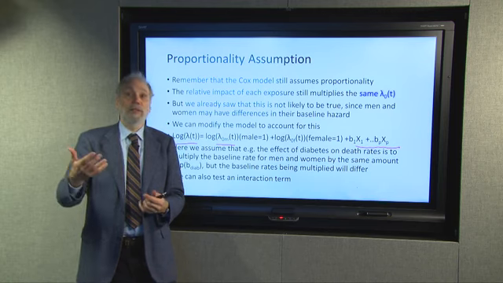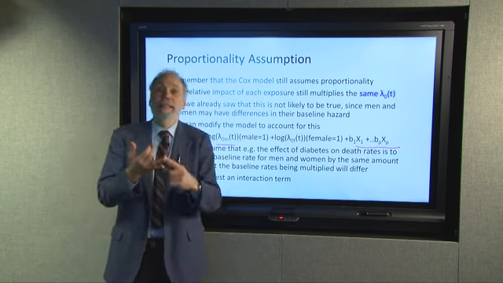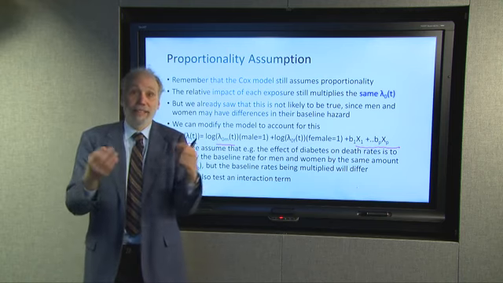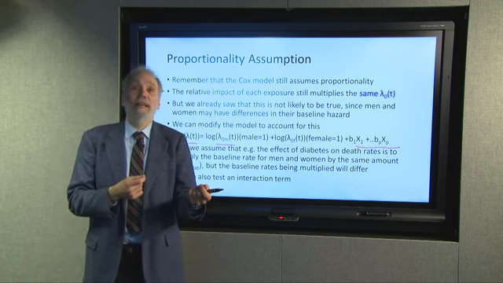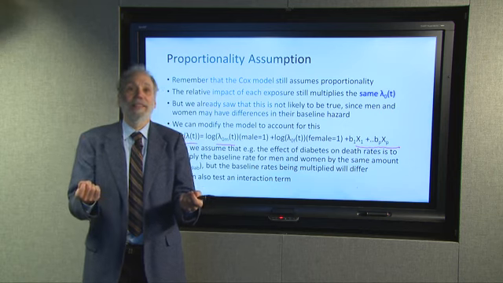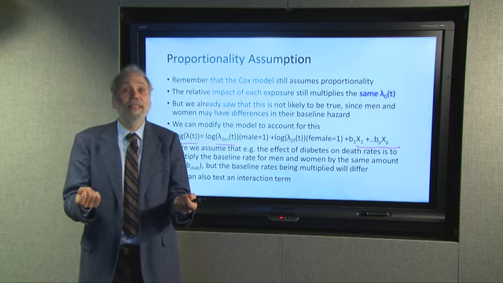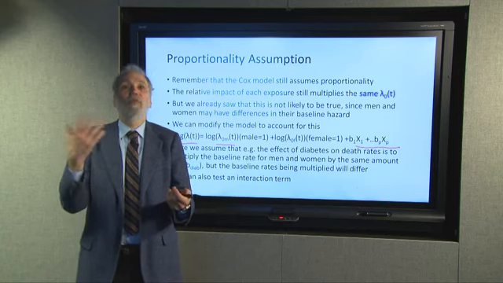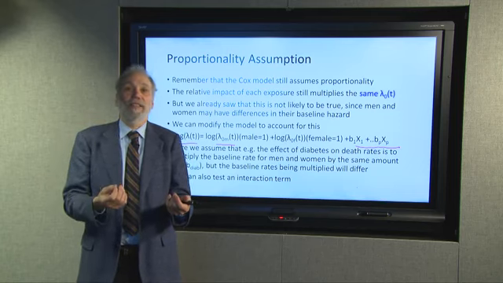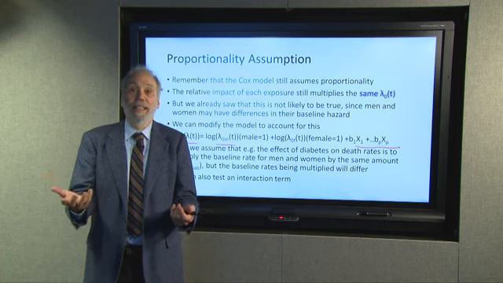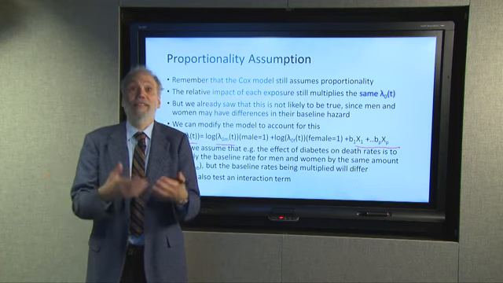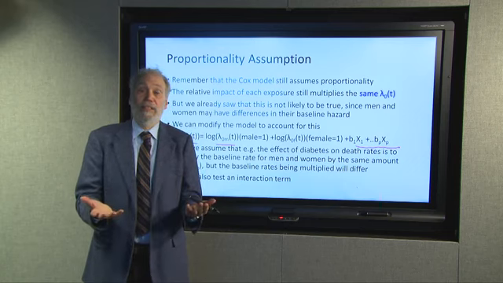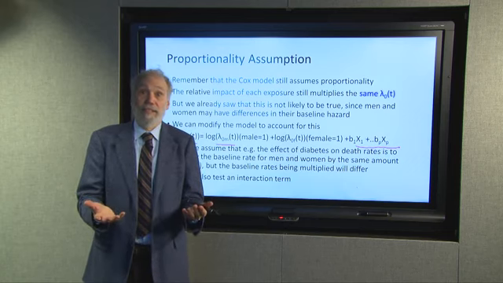That two people with the same age, same gender, same smoking history, etc., if one of them I observe the failure time and the other I don't, that's not predictive of what the actual failure time is in the unobserved person. And if that's not true, all of these things will give us erroneous inferences.